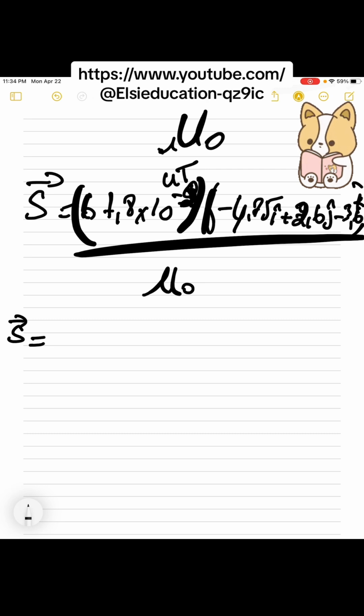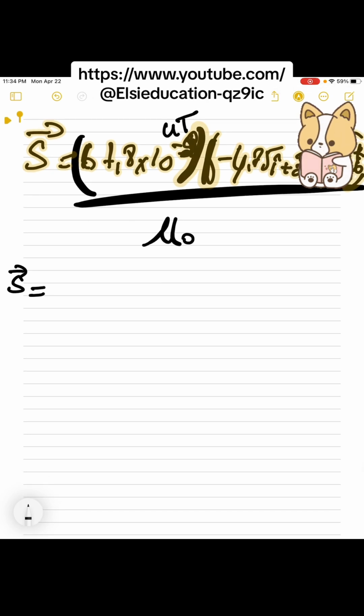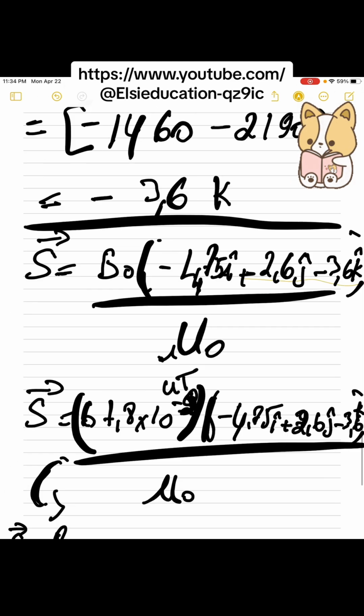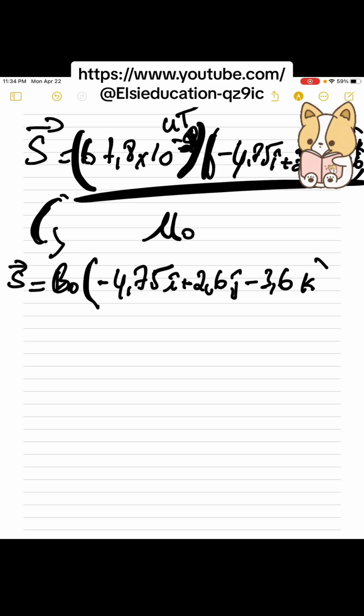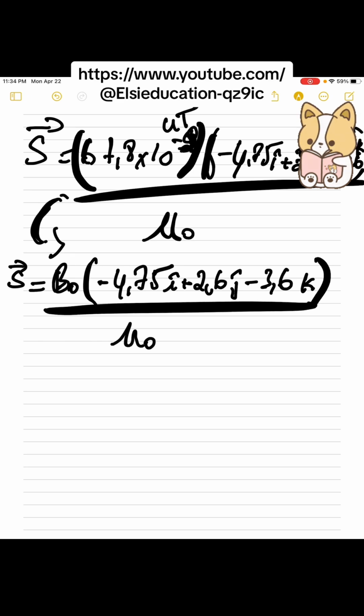So here we go. Let's do it again. A Poynting vector. Okay. I'm gonna do this step again. Hold on. So Poynting vector on this section, we're gonna use the B initial multiplied by the result that we had on this section. So that's minus 4.75 e plus 2.6 j minus 3.6 k divided by the constant.